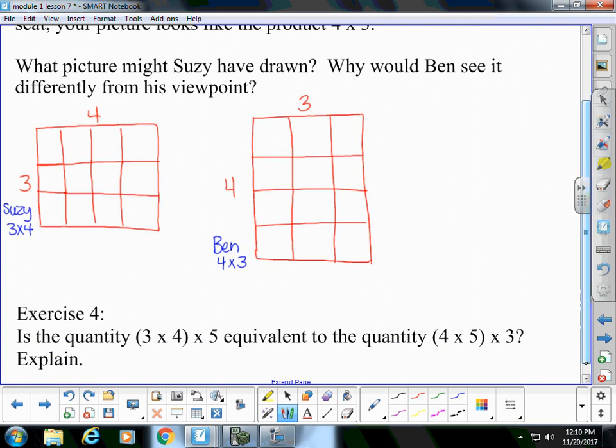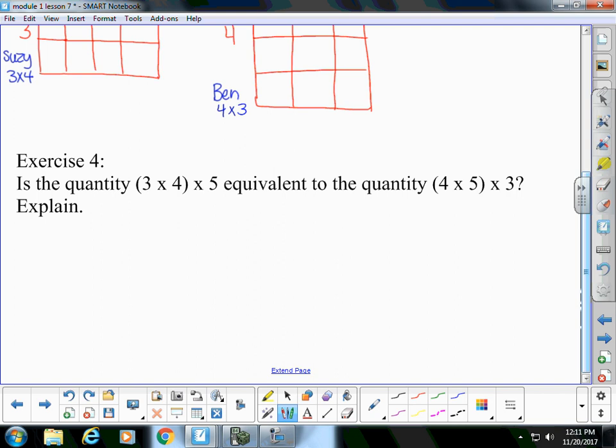Okay, the next question it asks us is the quantity 3 times 4 times 5 equivalent to 4 times 5 times 3. Okay, to show that they are the same, let's think back to order of operations. So when we have 3 times 4 times 5, parentheses, remember, say do this part first.